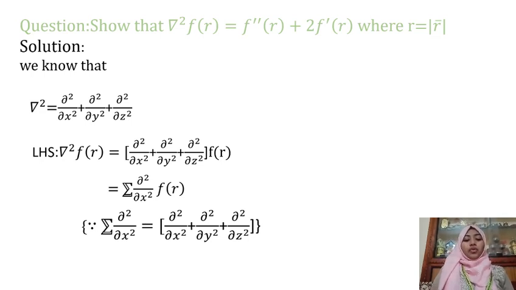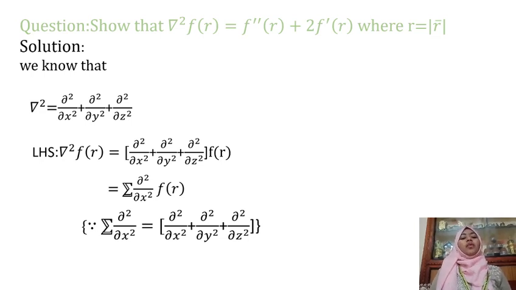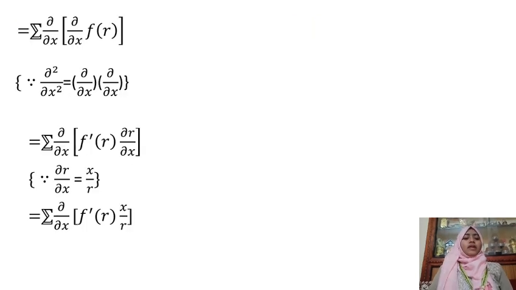We write dou square by dou x square plus dou square by dou y square plus dou square by dou z square as the summation of dou square by dou x square, and f of r is as it is. Dou square by dou x square we can write as dou by dou x into dou by dou x, so summation dou by dou x into dou by dou x of f of r.